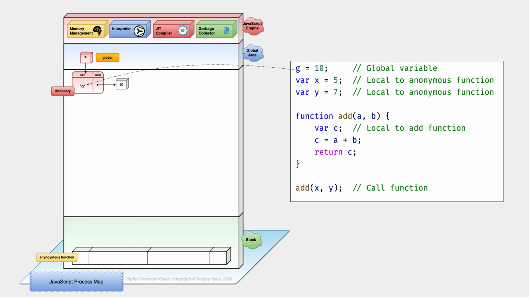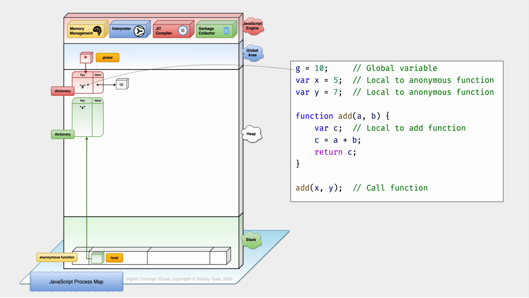So let's take a look at the local variables. As we can see, the anonymous function holds a local variable, which is again a pointer into the heap. So the variables are not actually stored here. All the local variables of a function are again stored in the heap in a dictionary.